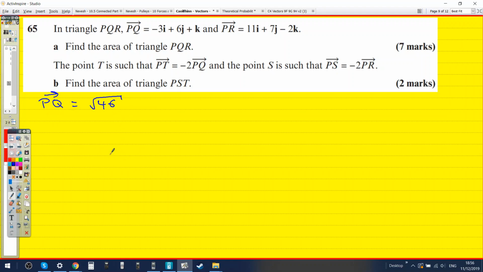And then P to R, I got root 174. Okay, how can we find the area of this triangle?